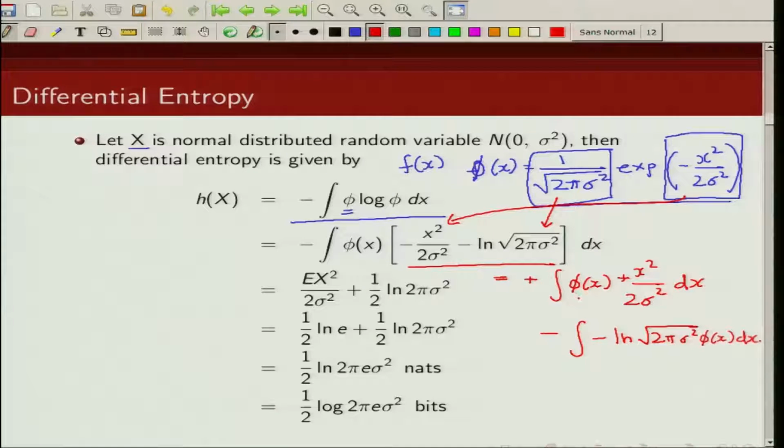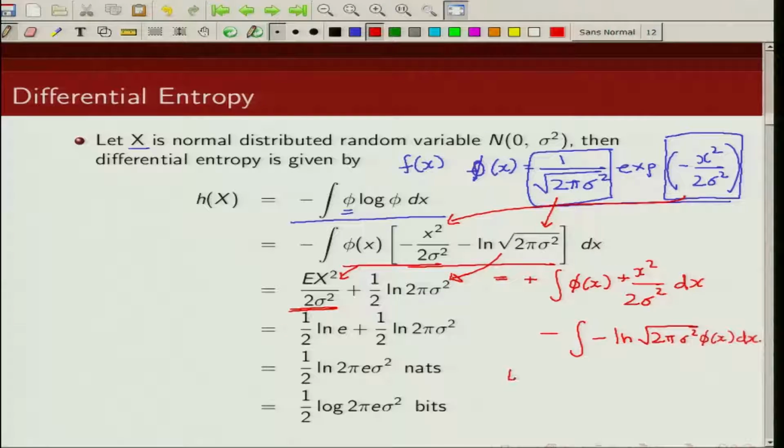This integration of phi of x times x square over 2 sigma square dx is nothing but the expected value of x square divided by 2 sigma square. So this first term that you see here is nothing but the expected value of x square divided by 2 sigma square, and in the second term there is no x, so this is a constant. So if we integrate over phi of x, we will get 1. So this term is nothing but given by this.